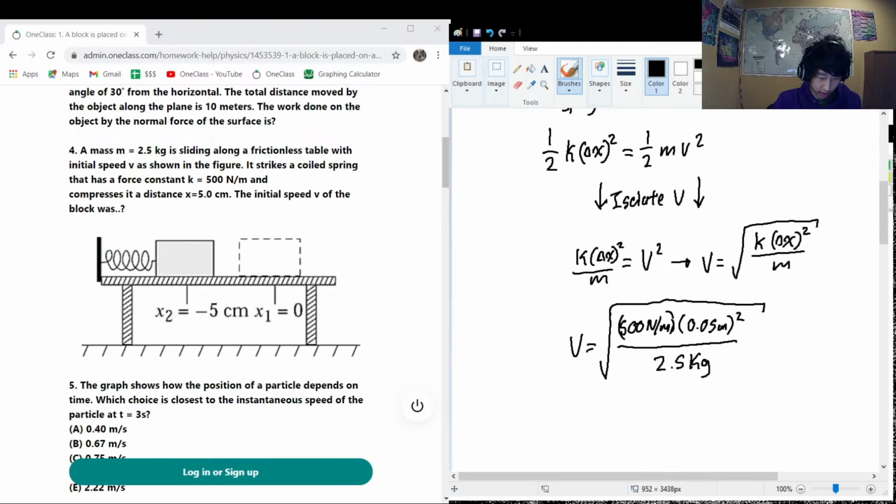Under the root, we have 500 multiplied by 0.05 squared, divided by 2.5, all of that under the root. We get our velocity is 0.71 meters per second. So that would be our initial velocity of the block.